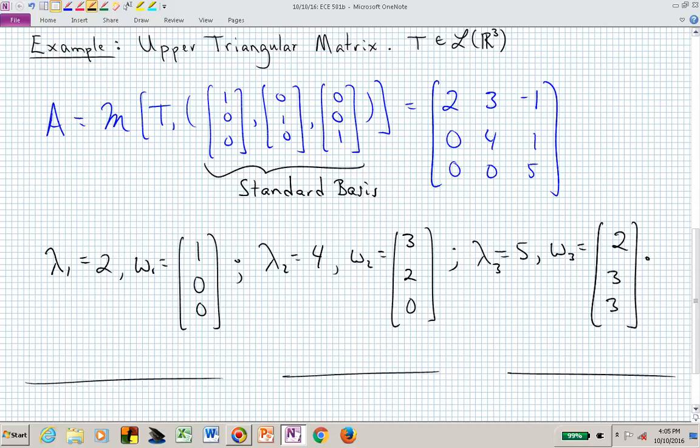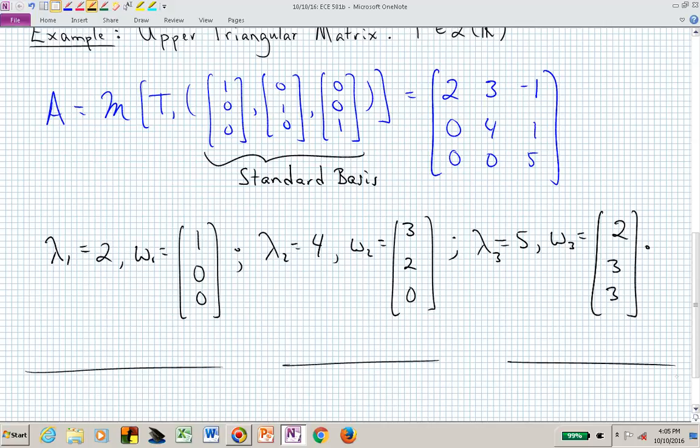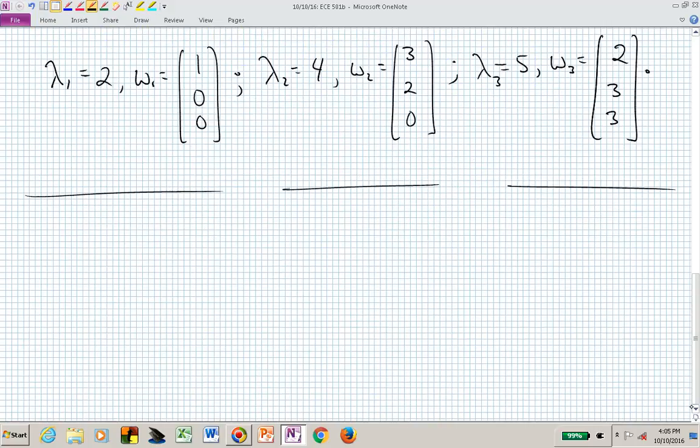You should be able to go back and verify that, but those eigenvalue-eigenvector combinations need to satisfy the eigenvalue-eigenvector equation, A W equals lambda W, with the appropriate subscripts. Let's just see what happens relative to our basis vectors and this matrix representation of a linear operator.